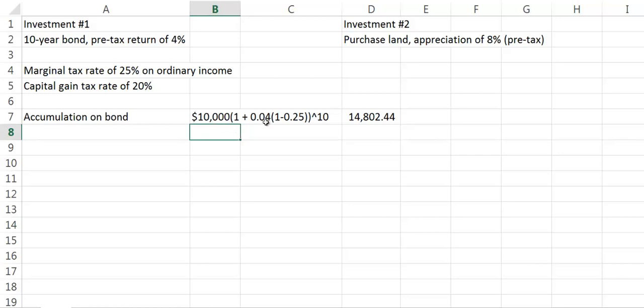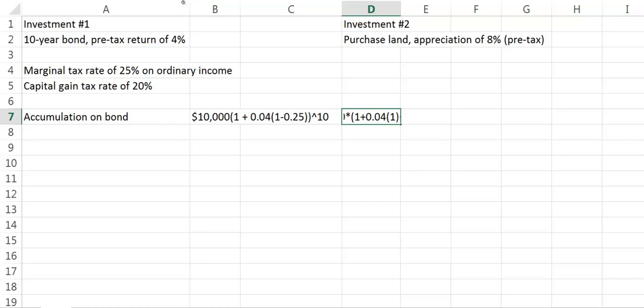If we have a 4% interest rate and we're paying 25% tax, then 75% of 4% is going to be added to the bond every year in interest for 10 years. So let's go through and get this recalculated here.